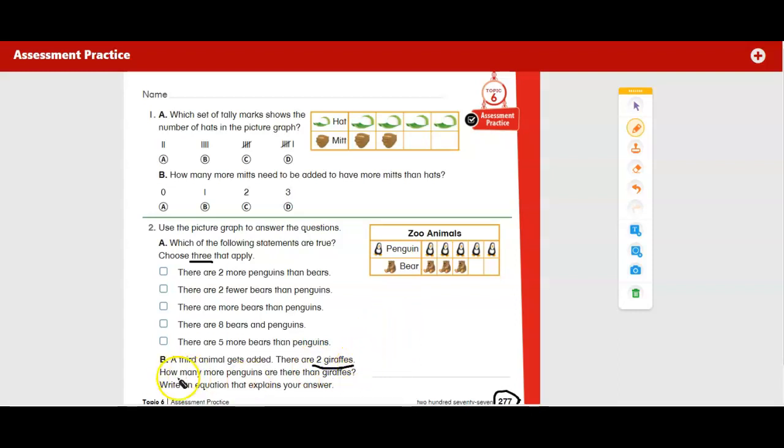They want to know how many more penguins there are than giraffes. So you will need to look at the total number of penguins and subtract the number of giraffes. Then write your answer. So write the equation that shows the total number of penguins, subtracting the 2 giraffes, and write your answer on the line.